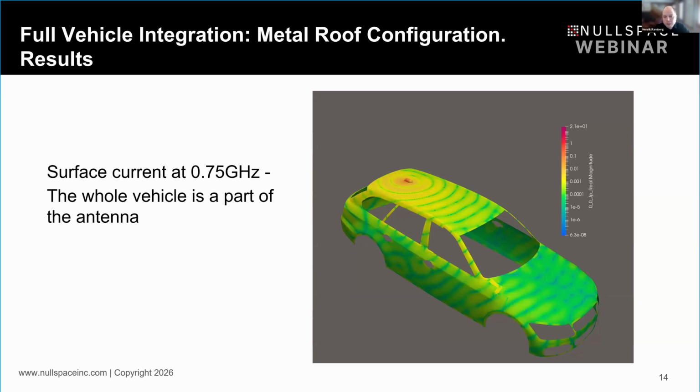But what we can also see here is that we have a good, healthy simulation. And we also want to put this surface current plot in here just to illustrate that Nullspace can also do any type of plot that you expect from a 3D program. As you can see, here is a surface plot.